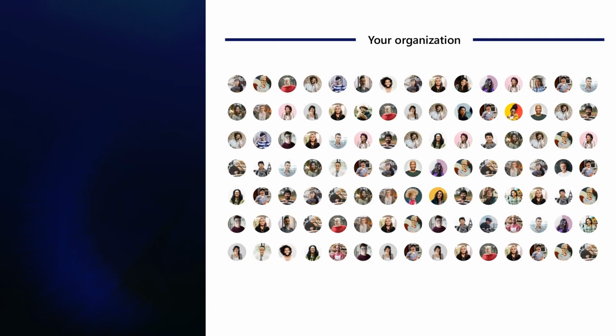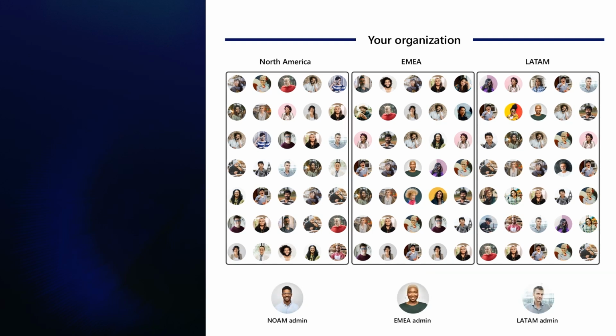So to take a visual look at what this would look like, let's say you had a massive organization, a flat organization. It's really hard to say that I want one administrator to be able to admin all of these entities. So you can break it up into a logical way. North America, EMEA, LATAM. Doesn't have to be by country or region, but you get the idea. You could break it up however you'd like. You could also have a separate AU that covers more than one AU.